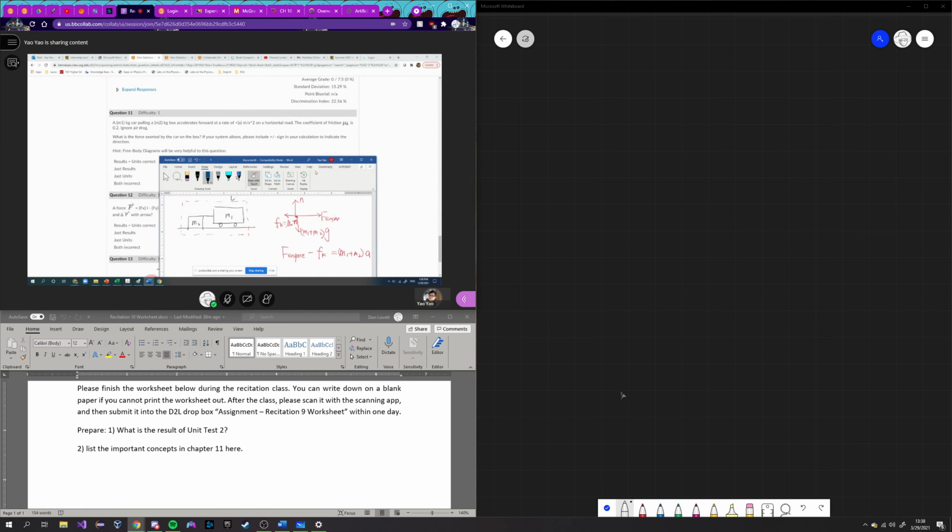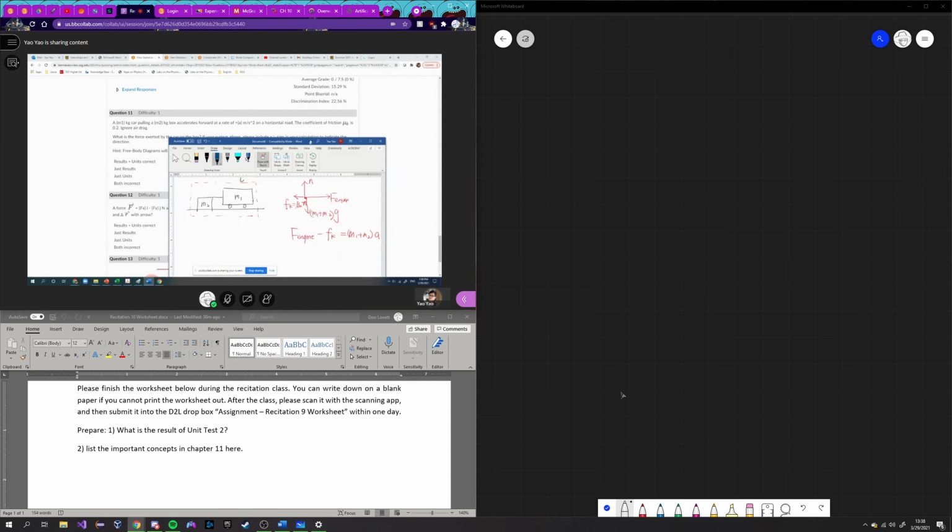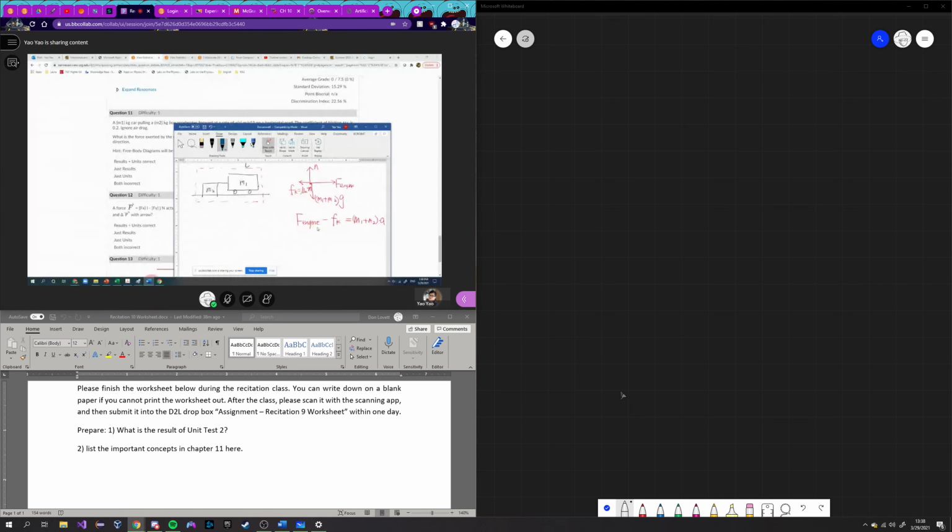So to give you a full picture of this question, I will draw the free body diagram for both of them. Although for this question, the simplest way is to draw the free body diagram for M2, and that's enough. But as I have said, I want to give you the full picture.